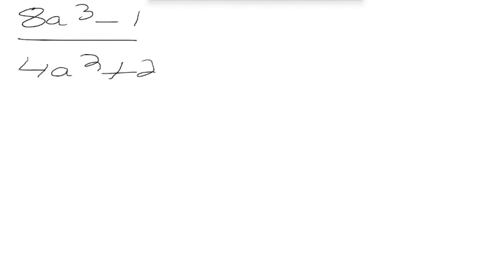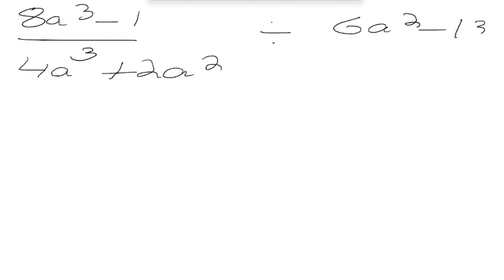In question number 6, we have 8a cube minus 1 divided by 4a cube plus 2a square, not 4a square. Then we have the divide sign, 6a square minus 13a plus 5 divided by 15a minus 25.